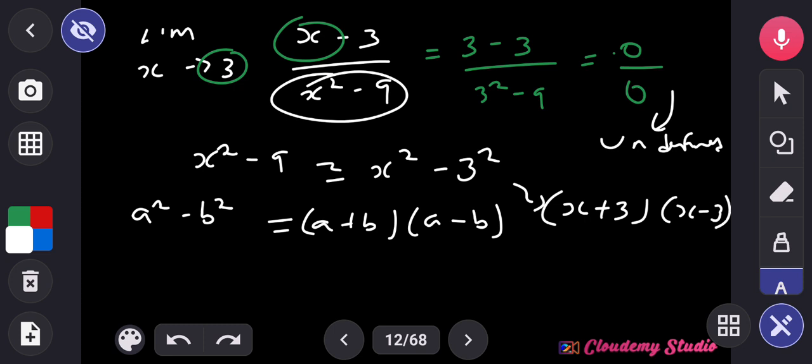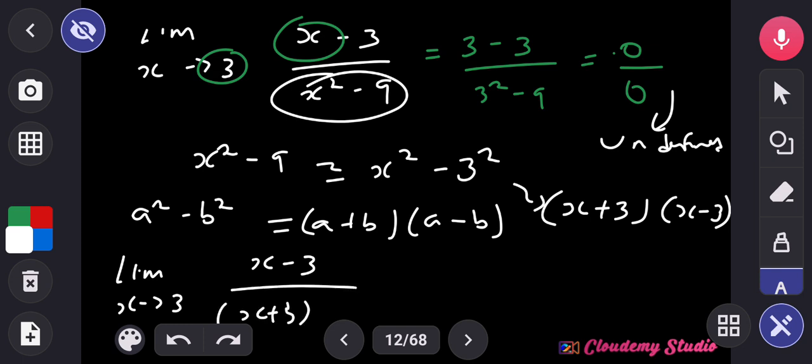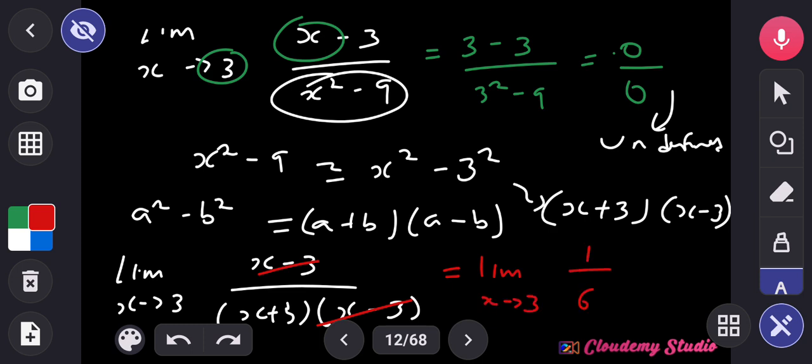Therefore, our question is now the limit of x tends to 3 of x minus 3 divided by x plus 3, x minus 3. The x minus 3 is going to cancel x minus 3, and we're going to be having the limit of x tends to 3 of 1 upon x plus 3.